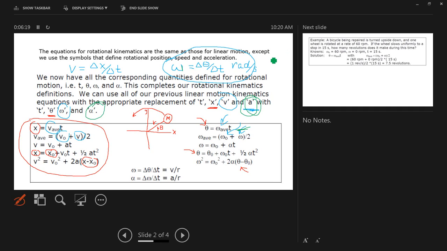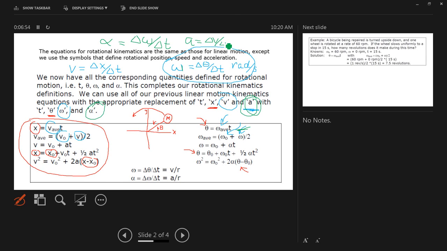Alpha is the Greek lowercase a, and from the definition of acceleration, linear acceleration is delta v over delta t.